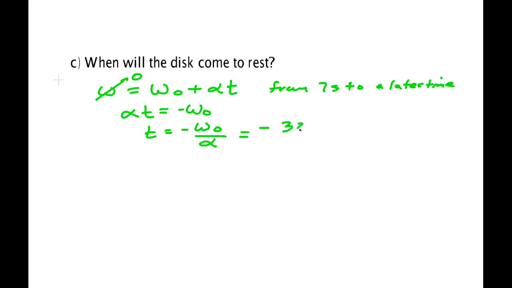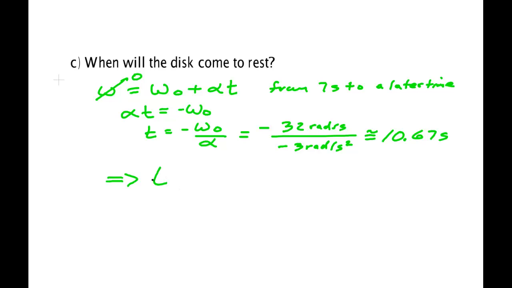Minus 32 rad per sec divided by minus 3 rad per sec squared. And that's going to be 10.67 seconds.